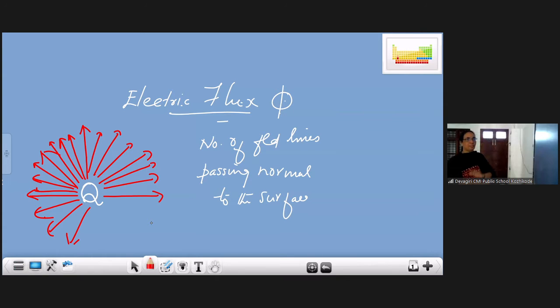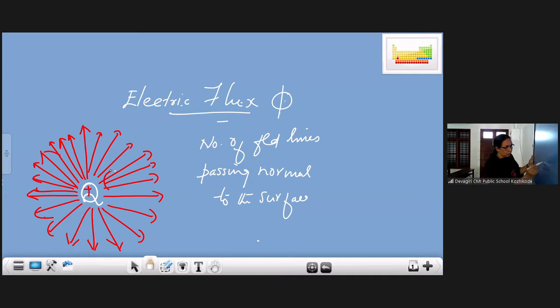Now, let me take a small surface. I have a small surface in my hand of this shape. If I keep it here, you can see around 1, 2, 3 field lines are passing through.